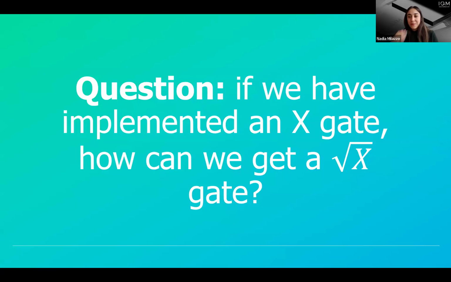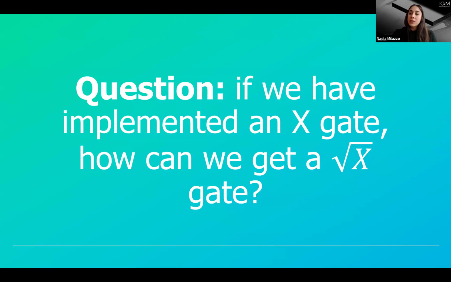And now we can go to our second interactive of the day. And I have a question for you that you can then explore on the interactive in a moment. So let's imagine that you have found the right amplitude and the right length of this pulse to implement an X gate, so to implement this rotation of pi. Then would you know how to implement the square root of X?